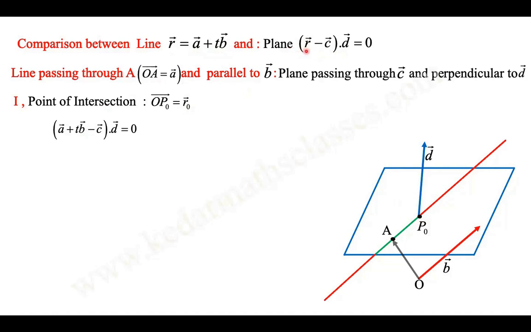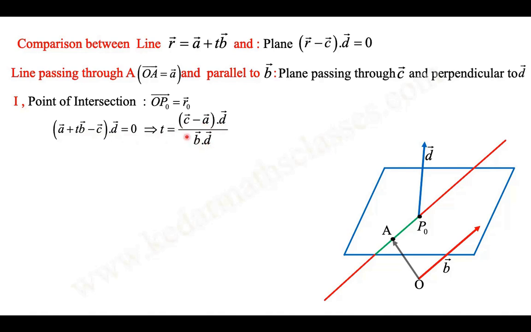That is, in place of r, a + tb is substituted. Then (a + tb − c) · d should be equal to 0. From here, by the distributive property, a · d + t(b · d) − c · d = 0. From that, the t value will be (c − a) · d divided by b · d.